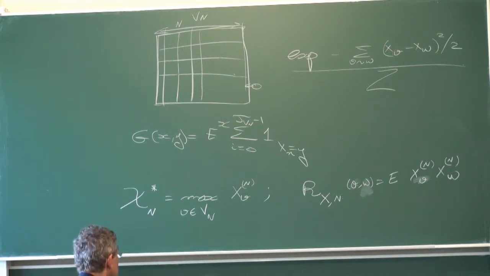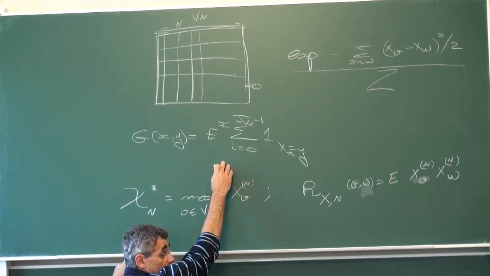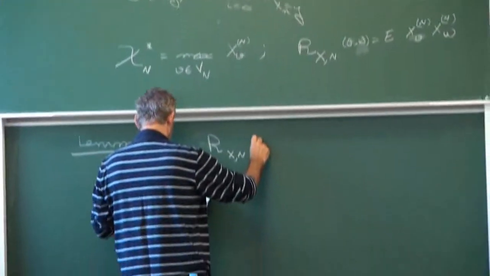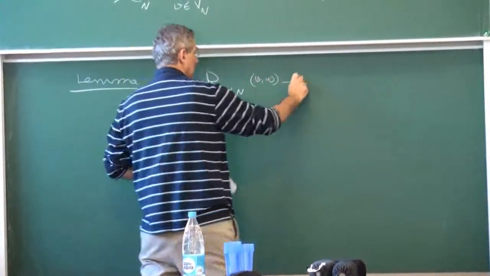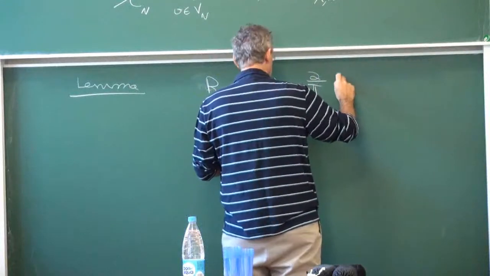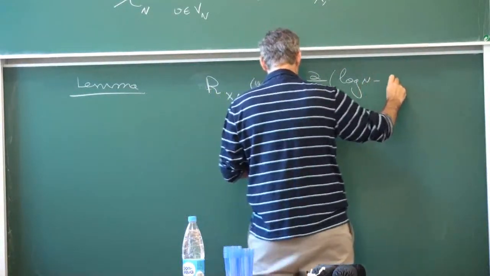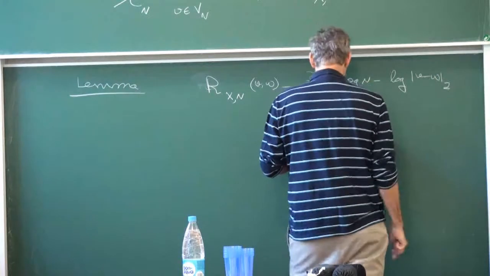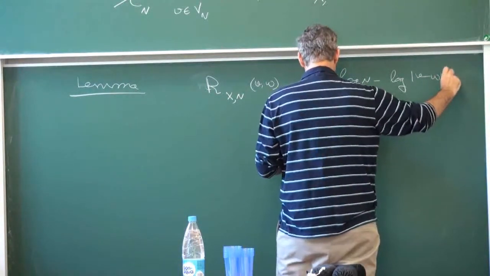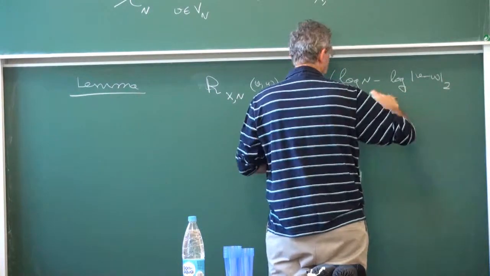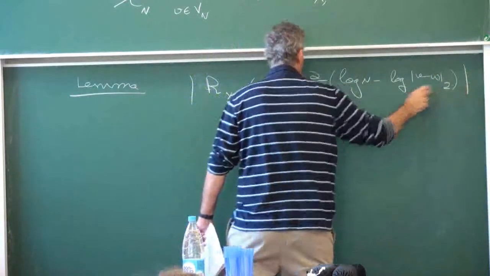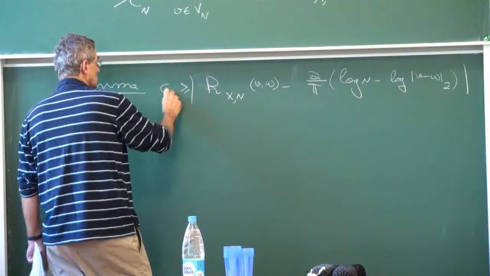The lemma is that this gives us an easy way to compute covariances, and from it, and some basic exercises in random walks, you can deduce the following: R_n(v,w) minus 2 over pi times log n minus log of the 2-norm of v minus w, this difference is bounded by a universal constant.